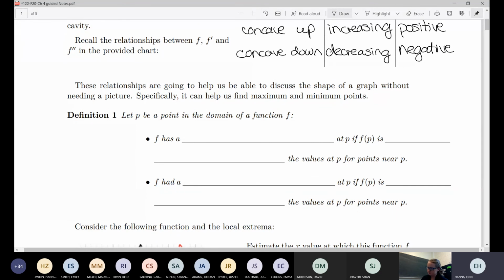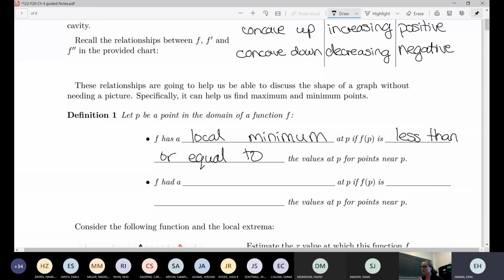But some definitions. Say we have a point P in the domain of a function f, then f has a local minimum at P if f of P is less than or equal to the values at P for points near P. And I'll explain this points near P in a second in case that's weirding you out.